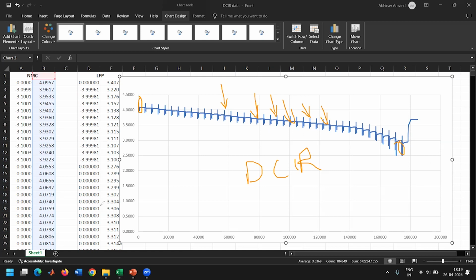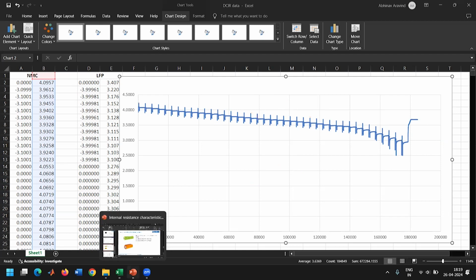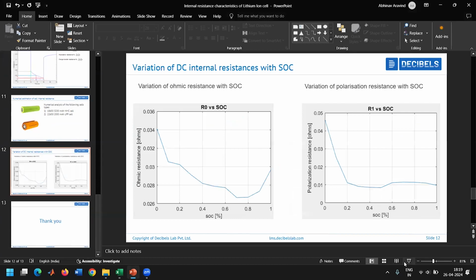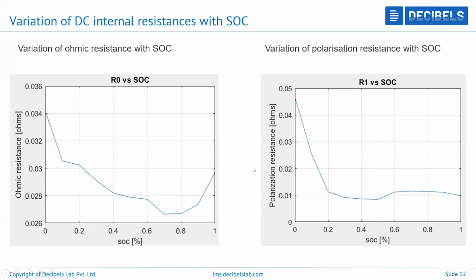Okay, that is the internal resistance of the cell using the same technique that we just now saw. Okay, so if we now observe how the trend looks, the trend actually looks like this. So this is the variation of both the ohmic and the polarization resistance with respect to SOC. Okay, you can expect this kind of a trend.